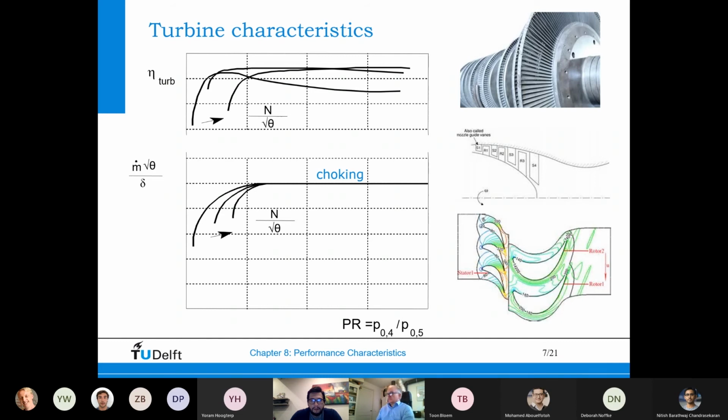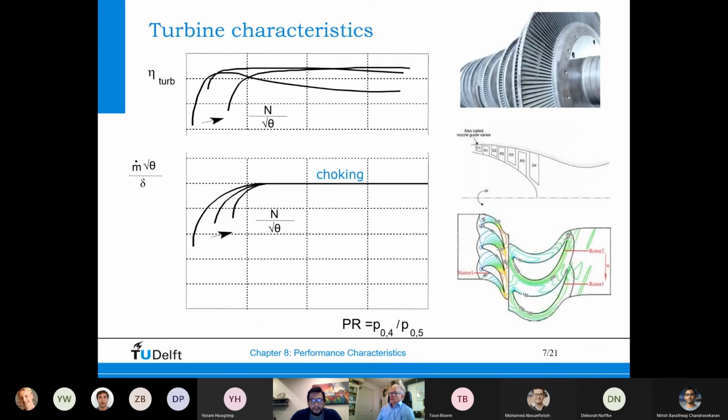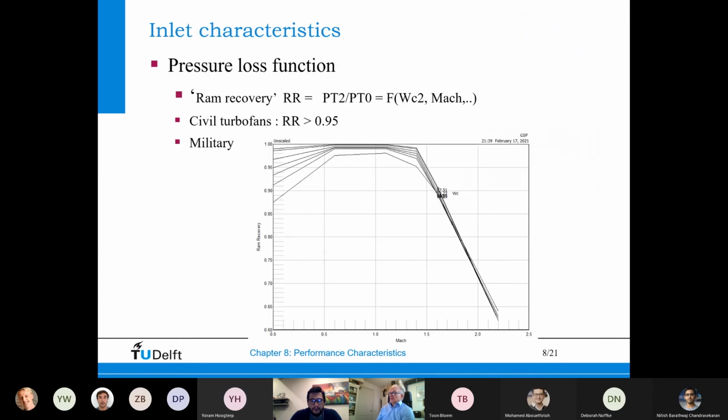So that's the turbine. Then we have the inlet. The compressor and turbine, of course, are the turbomachinery components, which are more complex. And just to go back a little bit, we here have the representation using the four corrected parameters: corrected rotor speed, corrected mass flow, pressure ratio, and efficiency.